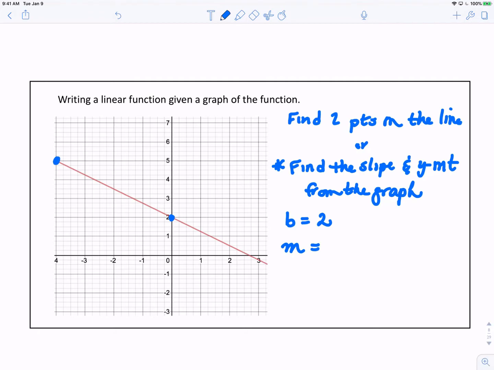And when I say another point on the line, what I'm looking for is for the line to cross at an exact spot where we can find the exact coordinates of the point, like these points here, where we can give the coordinates of the points precisely. We want to avoid a point like this that's in between 2 points, where it would be hard for us to give the coordinates of the point precisely. But the two that I've shown on the graph, these are exact points.